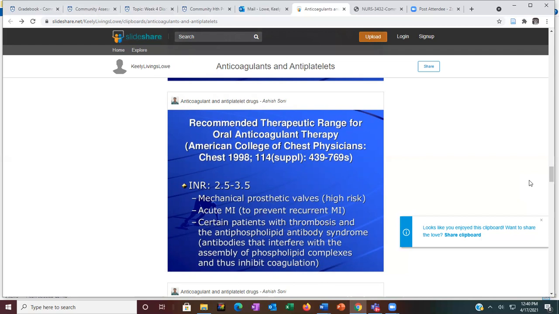So they would give them higher doses of Coumadin or warfarin and want their blood to be even thinner to prevent the body from attacking that and causing clots. Okay, so these patients are at an increased risk than the patients in the last slide, and that would have to be determined by the physician.